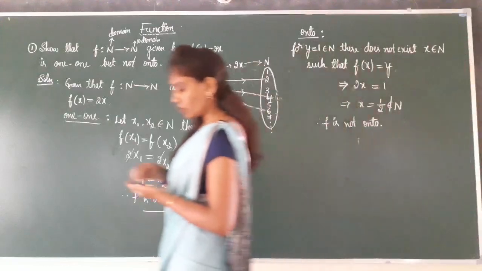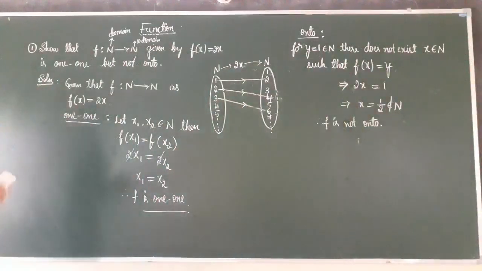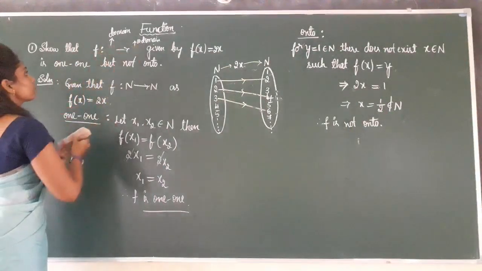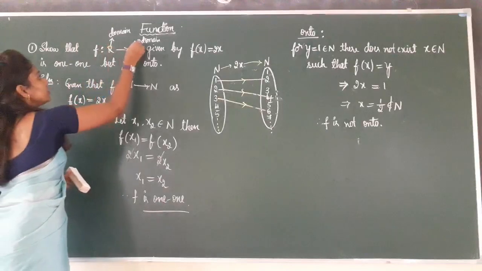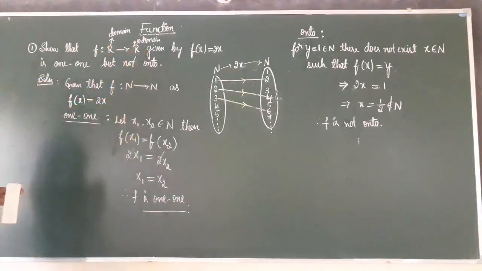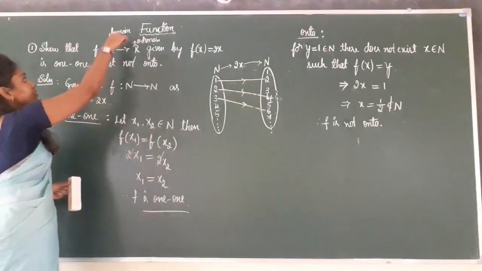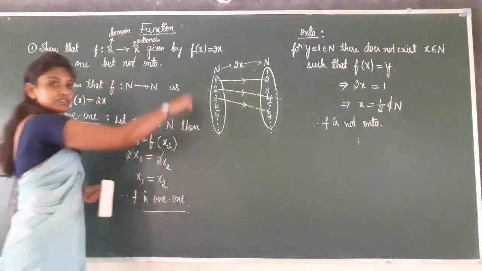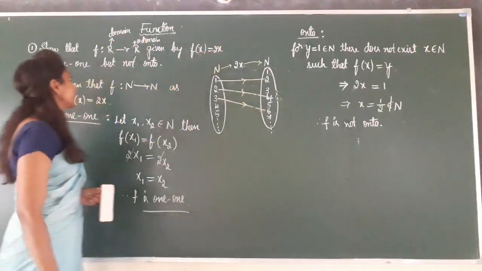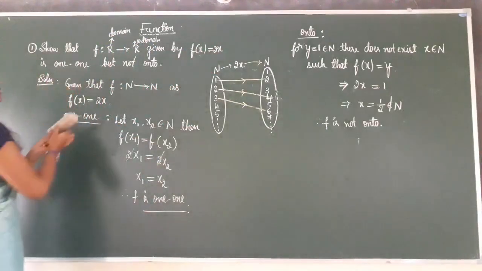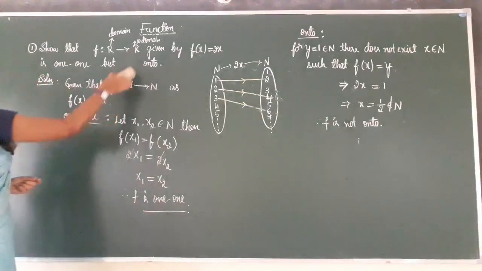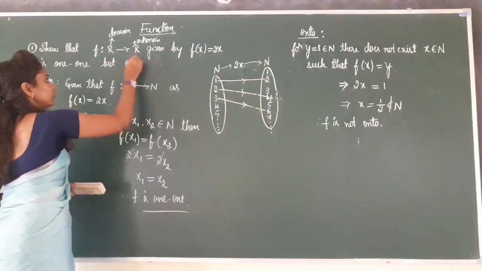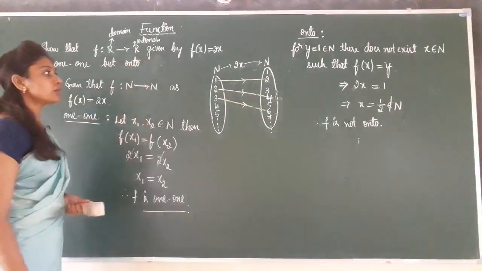Okay. Now move on to the next problem. Show that the function f from real numbers to real numbers, where the domain is real numbers and the codomain is also real numbers, given by the same function f of x is equal to 2x, is 1-1 and also onto. Observe here.